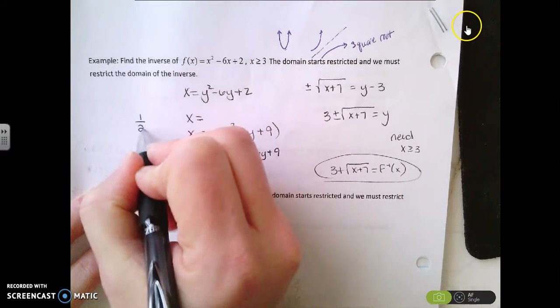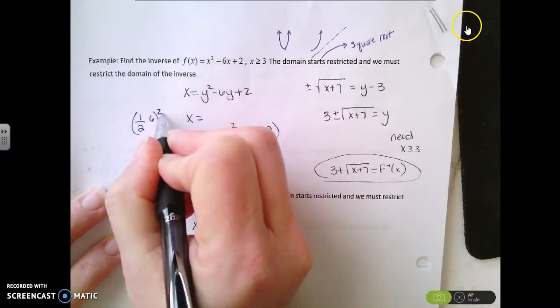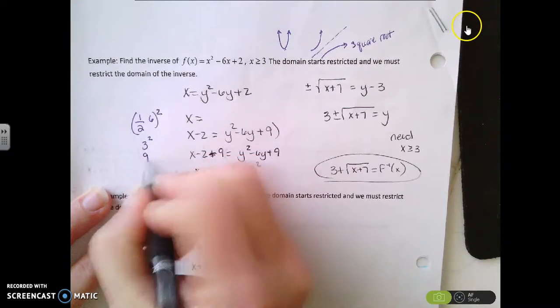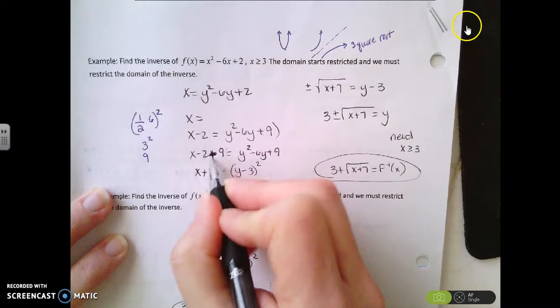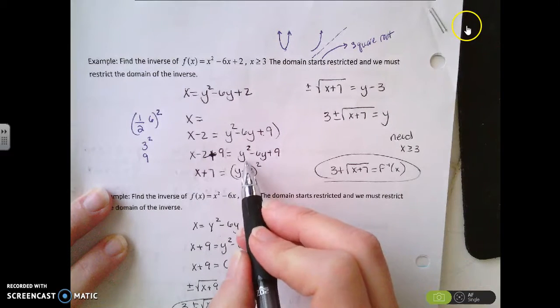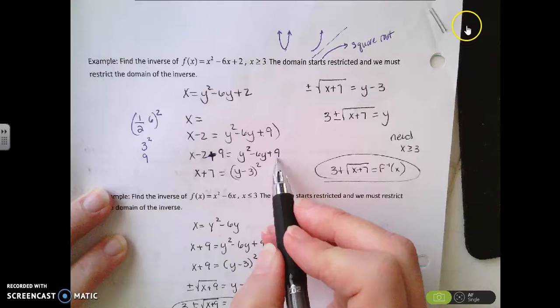Remember, to complete the square, you take half of the middle term, squared. So half of 6 is 3, 3 squared is 9. So I have to add 9 to both sides of this problem. So now I have x minus 2 plus 9 and y squared minus 6y plus 9.